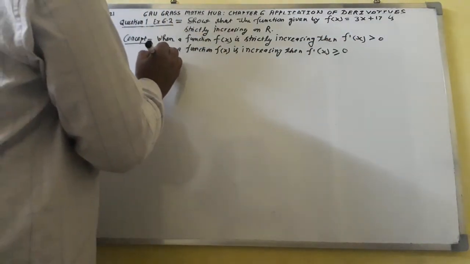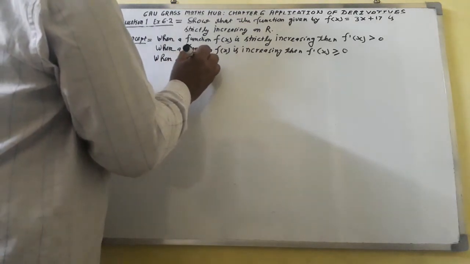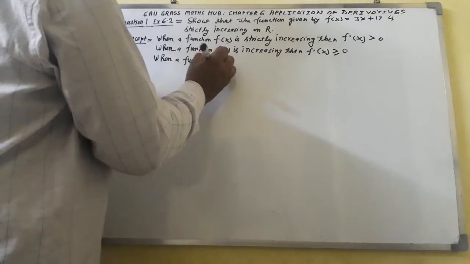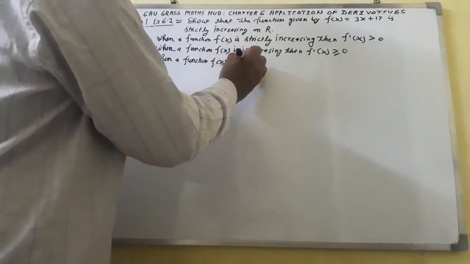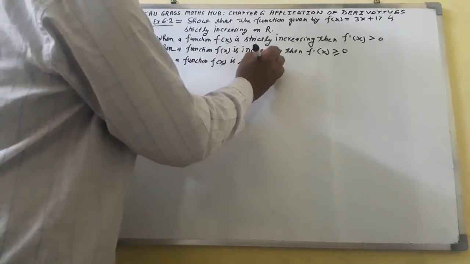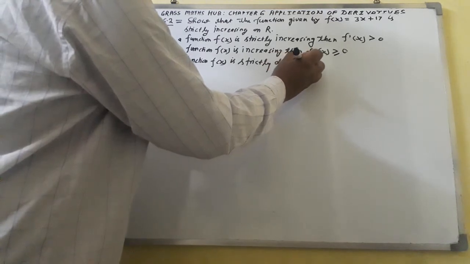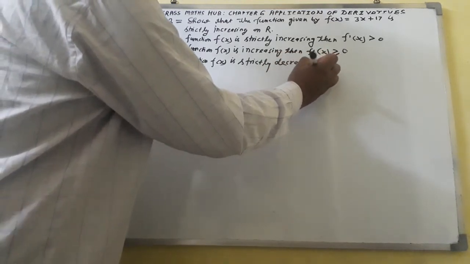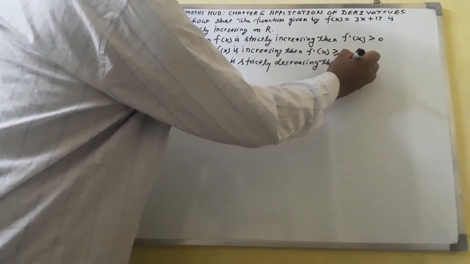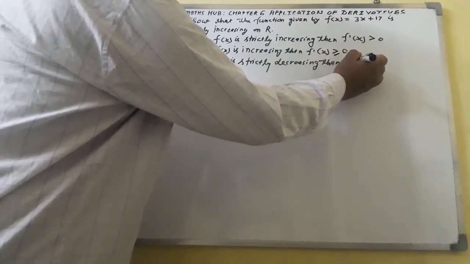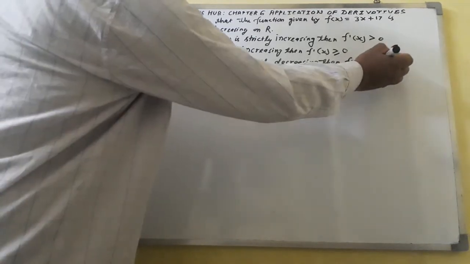Again I shall write: when a function f of x is strictly decreasing, then f dash of x is less than 0.